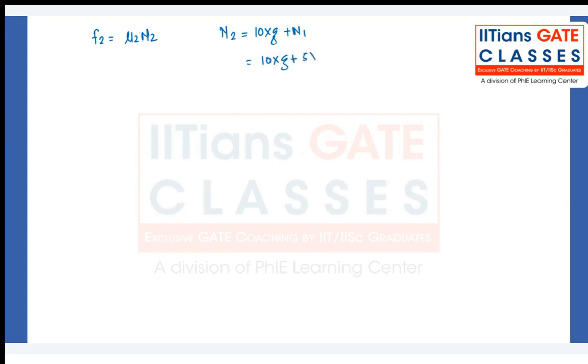So 10 times g plus 5 times g is 15 times g acting in the downward direction. And from that, we can say that F2 has to be equal to mu2 into 15 times g.